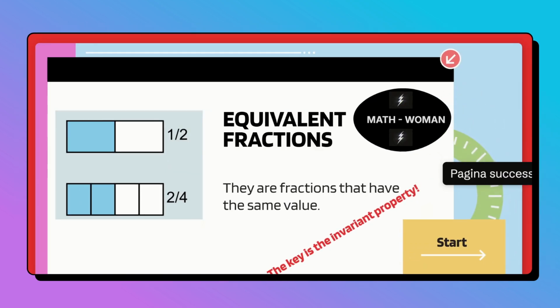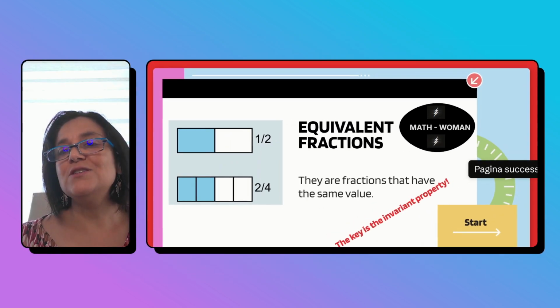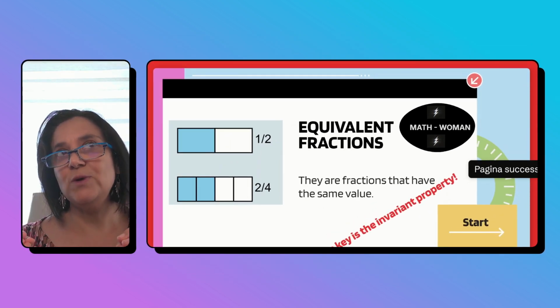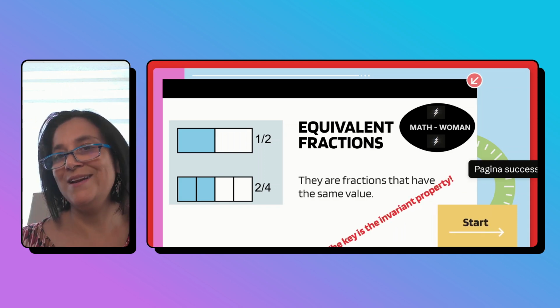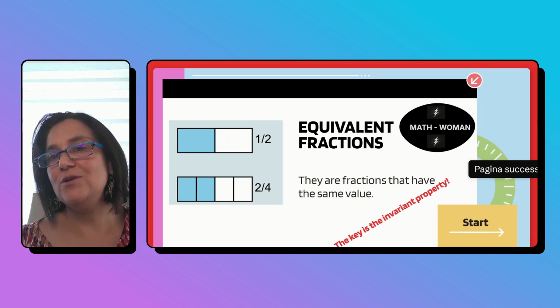And now we have our second encounter, which is the equivalent fractions. Equivalent fractions are fractions written in different ways, but that actually have the same value. They equal 1/2. With that example, it's so clear.